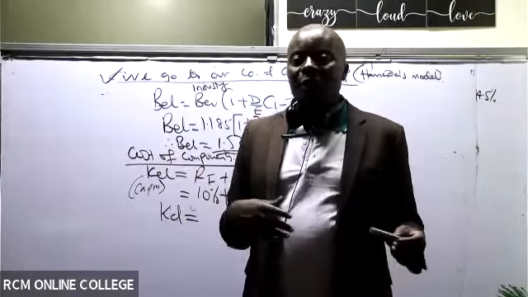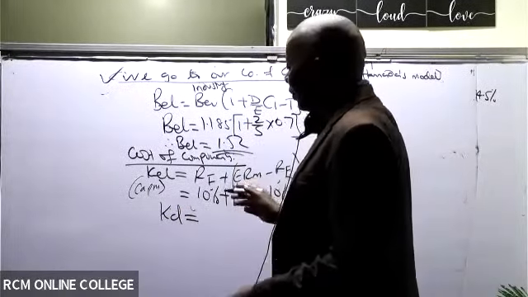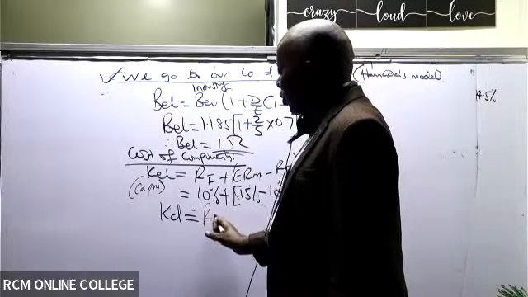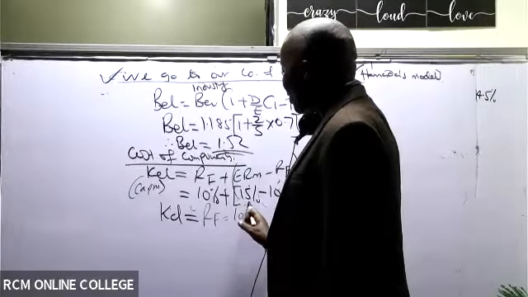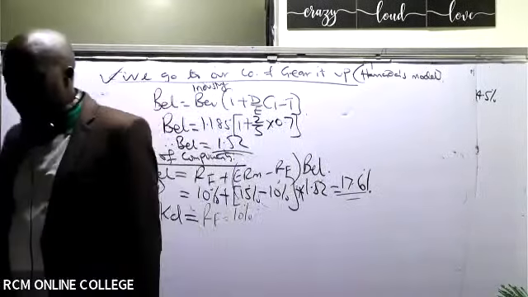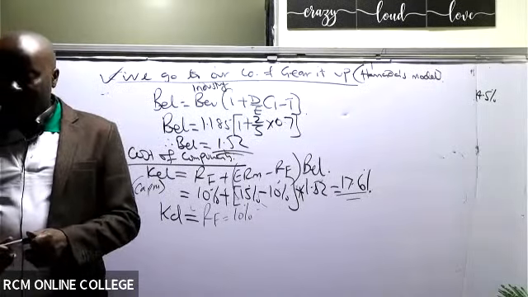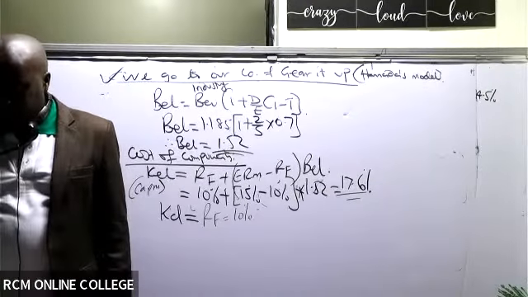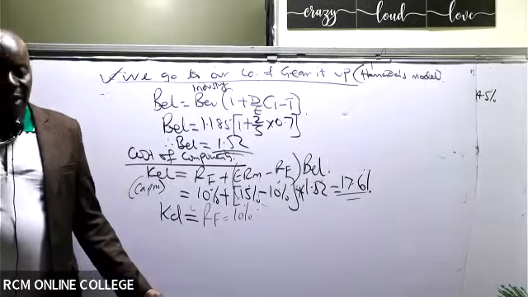You default, we sell your land. So KD, if it's not given expressly, will always be equal to risk-free, which in this case, you have given me 10%. Now, from there, we are done.